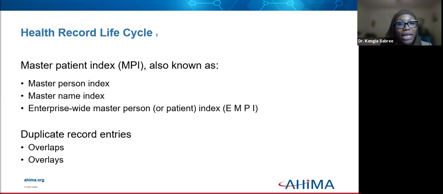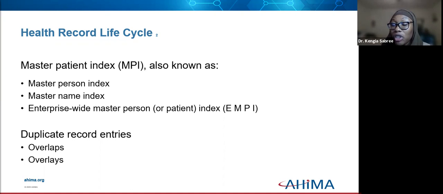All right, so the Master Patient Index, also known as MPI, Master Name Index, or Enterprise-Wide Master Person or Patient Index. So the Master Patient Index is a permanent database, including patient identifiable data for every patient ever admitted to or treated by the facility.